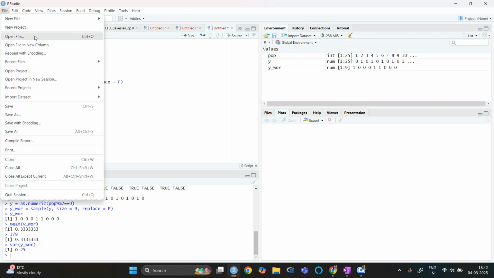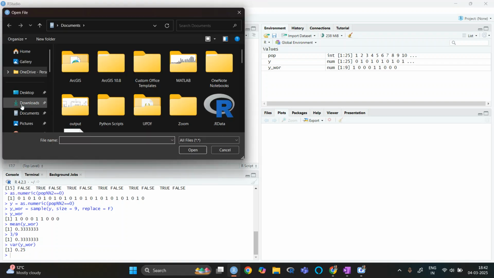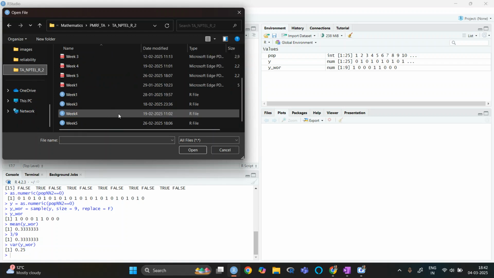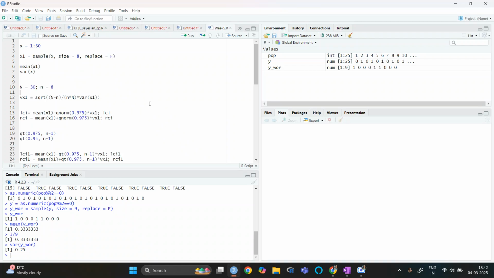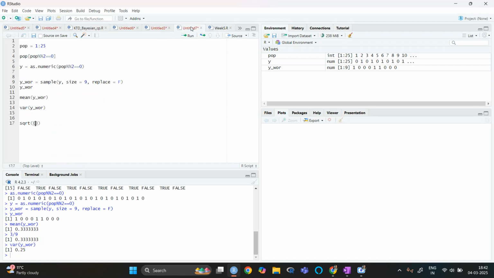Okay, so here we have done the same things. We have done N minus n divided by N times n, variance of x1. So this is basically the same, just the way of taking the population has changed.